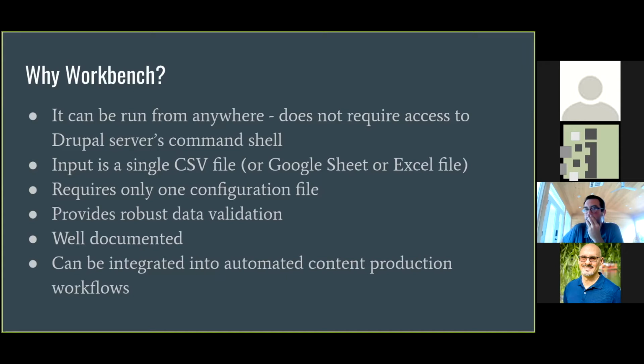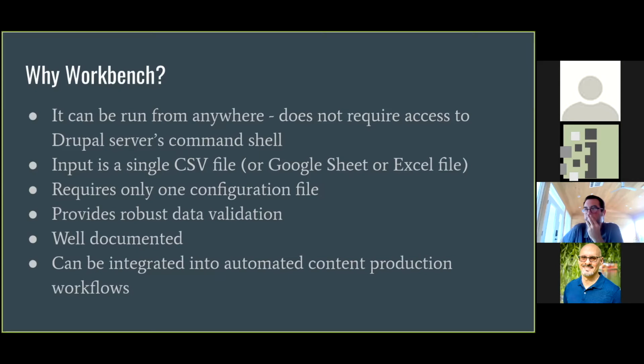The input to Workbench is a single CSV file or a Google Sheet or an Excel file. And optionally, if you want to create complete objects with metadata and payload files like PDFs and images, you need to have those files as well.